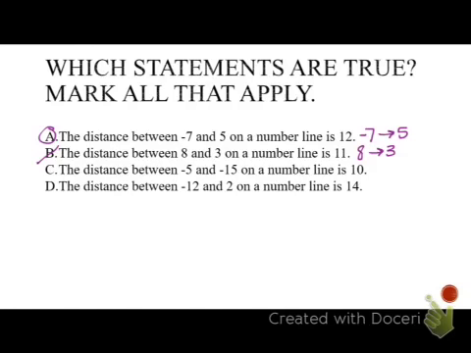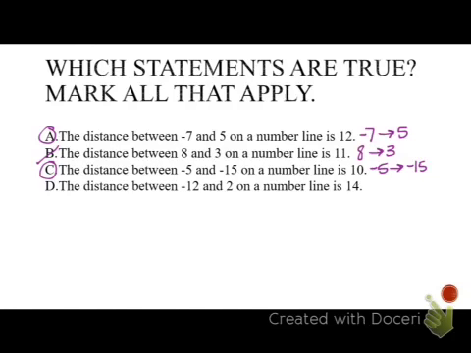For C, the distance between -5 and -15, so we want to go from -5 to -15, is 10. We would move 10 spaces to the left to get to -15. Now, because distance is neither positive nor negative, we would state that yes, it is 10 spaces between those two numbers.